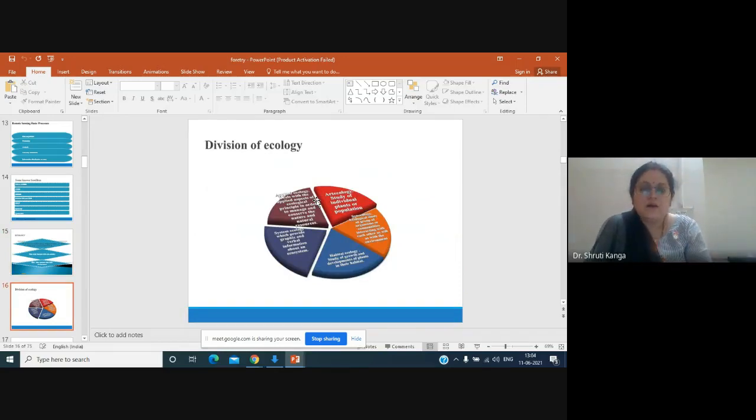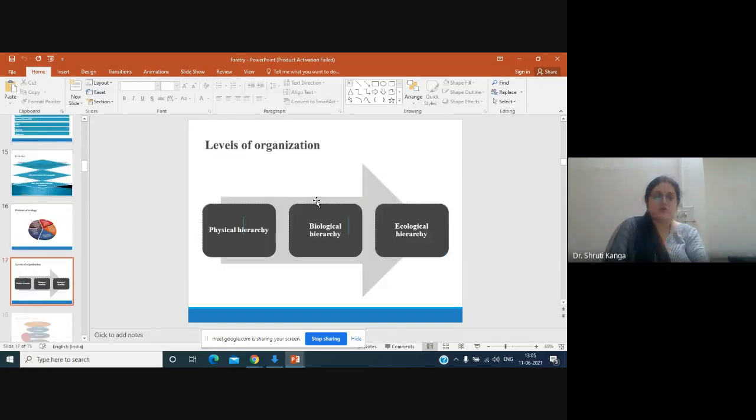There are various divisions of ecology, which include archaeology, habitat ecology, where we study the growth and development of plants and their habitats, etc. These are the different divisions of ecology.